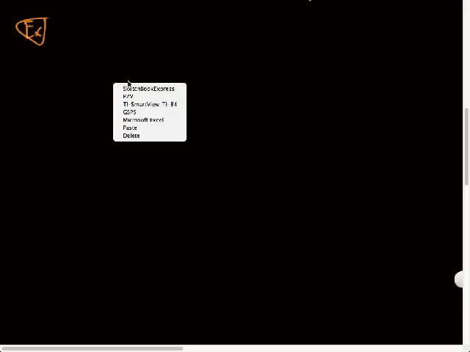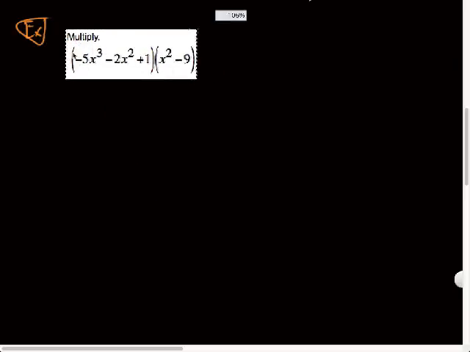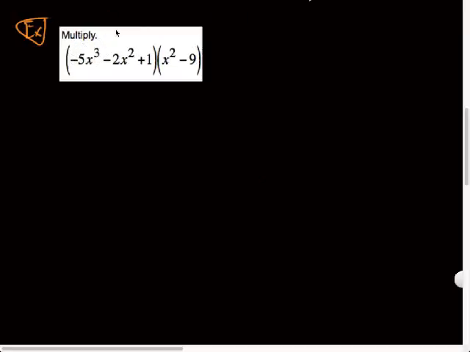Example. So let's see. Example. And let's try this. Multiply the following. Actually, before we multiply this, what if we name this here? Polynomial on the left, what would I call that?